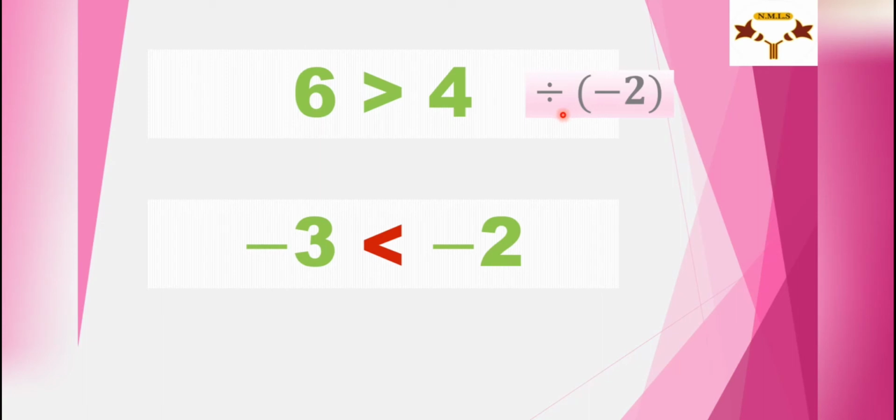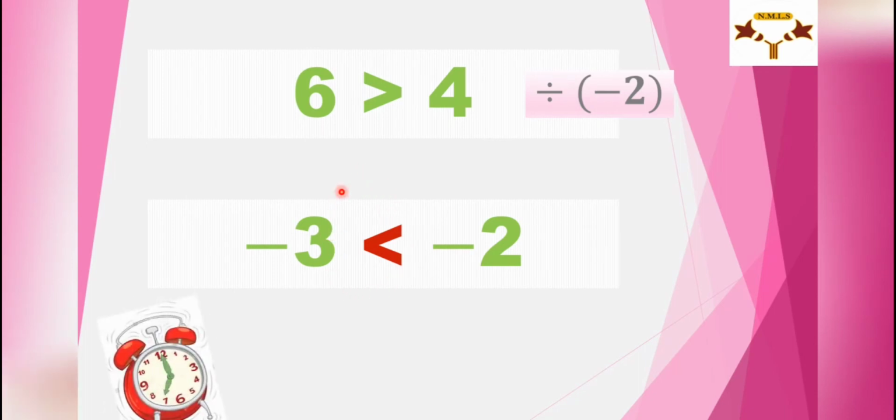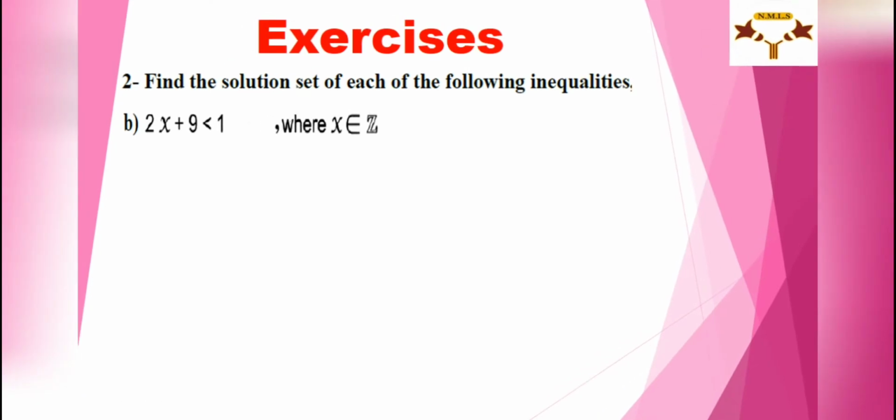Like this example, 6 is greater than 4. When you divide by negative 2, the answers are negative 3 and negative 2, but negative 3 is smaller than negative 2. So you must change the direction of the sign. I will call this an alarm. I will always remind you by the alarm.